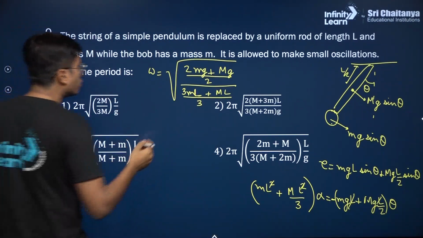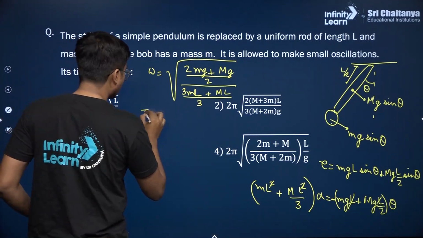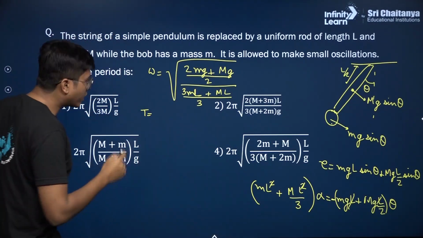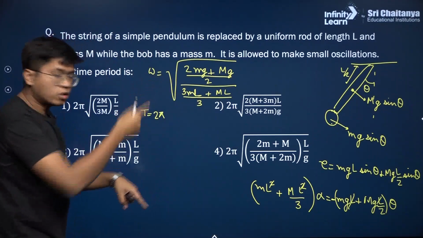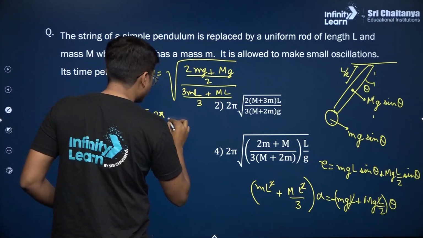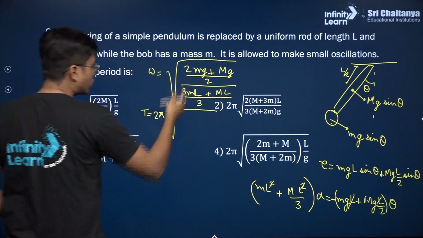So T is equal to 2 pi by omega. If you do that, you will get 2 pi times the reciprocal of this, so the root over of this will go up.